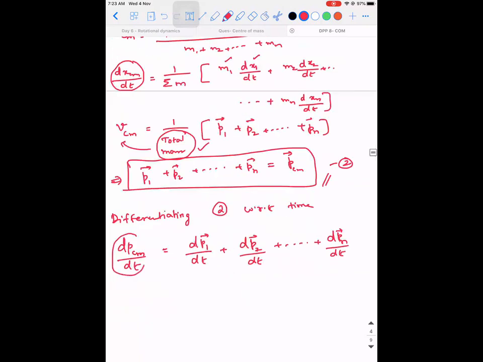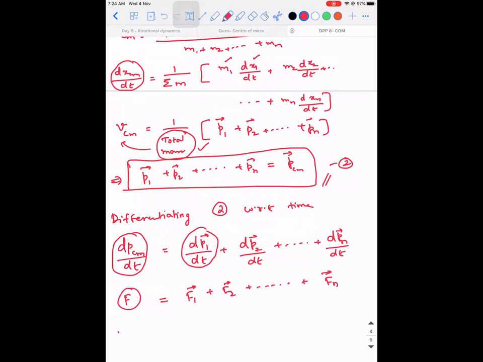So what is this thing, guys? Force. It is the force. So F is equal to F1 vector plus F2 vector plus so on till Fn vector.